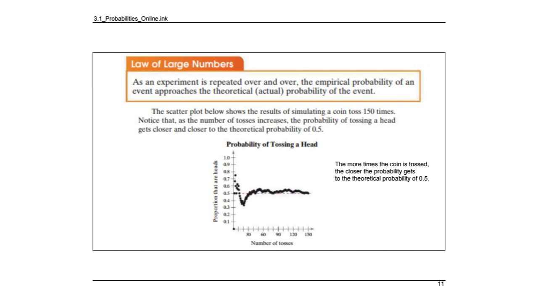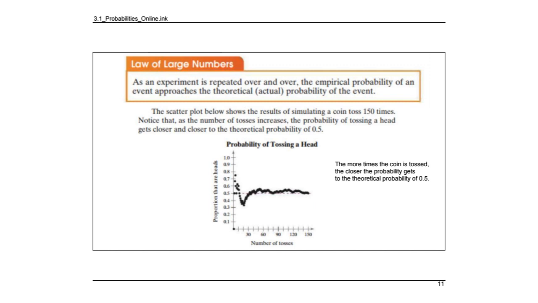So you don't need to know this for any quiz or test, but I just want to show you the law of large numbers, it's called. So what happens is, like we know, if we toss a coin, if it's a fair coin, we have a 50-50 chance of getting a head, right? So that means half the times I throw it I should get a head and half I should get a tail.